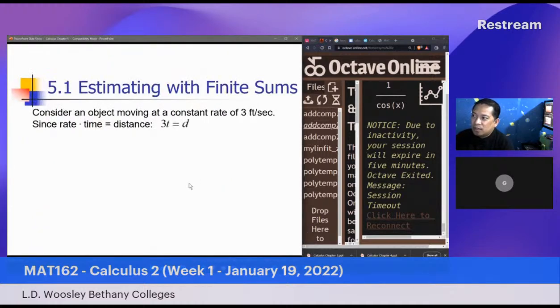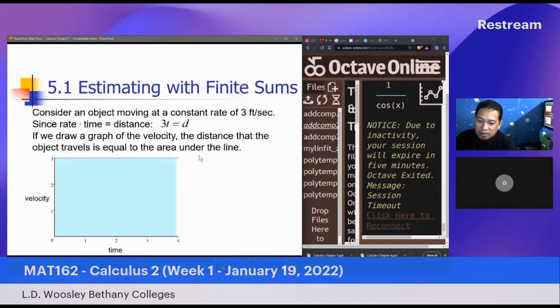Okay, so of course here, an example would be a moving object at a constant rate of 3 feet per second. And since the rate times time is equal to distance, so you have 3t. Okay, so there's an illustration here. So constant yun, since we are in a constant rate, regardless of the time bound, there is a constant velocity. Iba kasi ang graph kapag ang velocity ay may acceleration. Now, I don't know if you recall in physics, when it is in acceleration, ano siya?